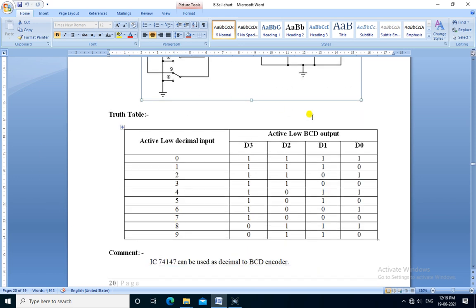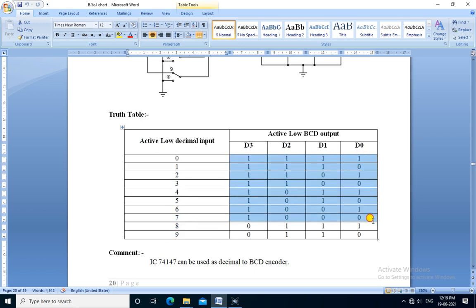This is the truth table for decimal to BCD. So these are active low decimal inputs, and this is active low BCD outputs. For 1, output is 1110. So it is active low type 1 in BCD.